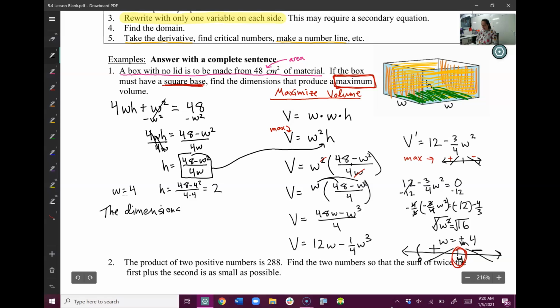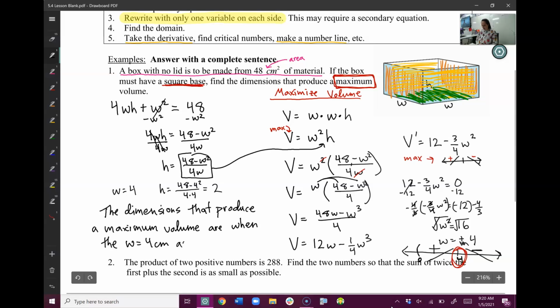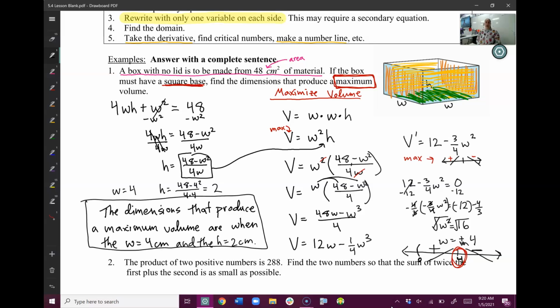The dimensions that produce a maximum volume are when the width is 4 centimeters and the height 2 centimeters. Something like that. Doesn't have to be exactly that.